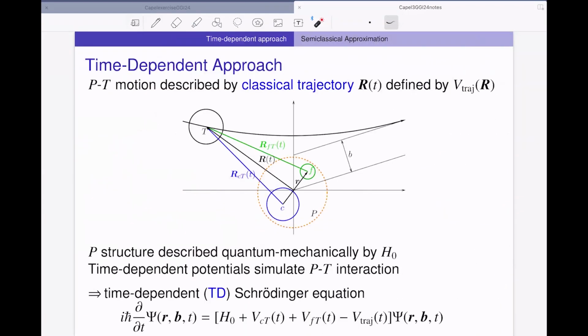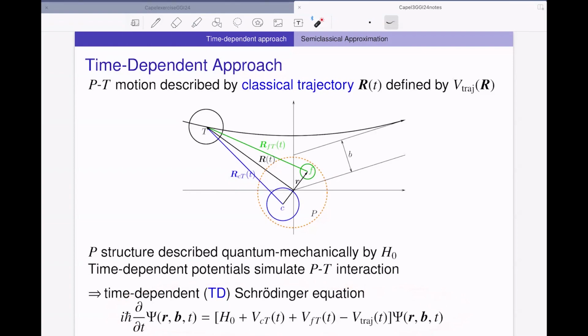So what you assume is that the projectile feels the field created by the target as an external time-dependent field, because the target follows this trajectory in the projectile rest frame. And so what you need to do is to solve a time-dependent Schrödinger equation. You start from the bound state, and then you evolve and you solve the time-dependent Schrödinger equation.